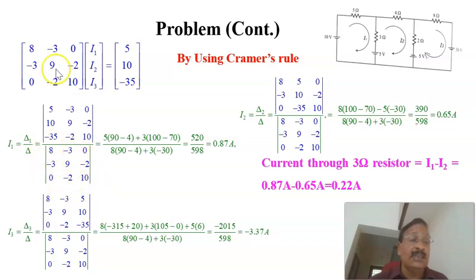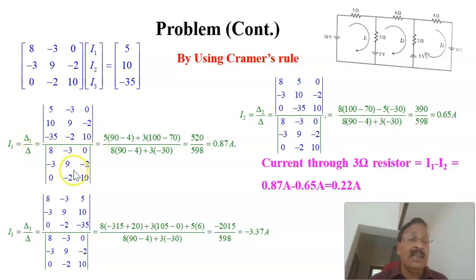To find delta 1, the first column is replaced by the voltage column, that is 5, 10, minus 35. The second and third columns are the same as this one. Therefore, this is the determinant delta 1.